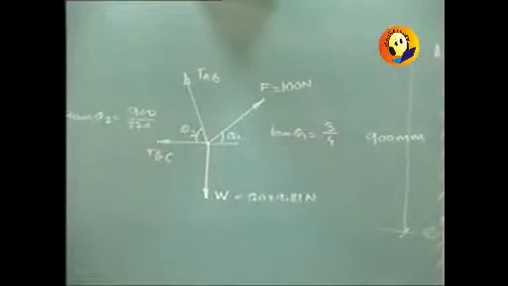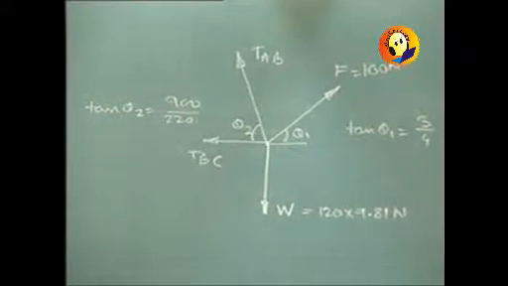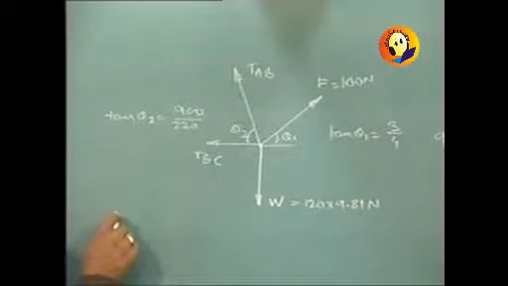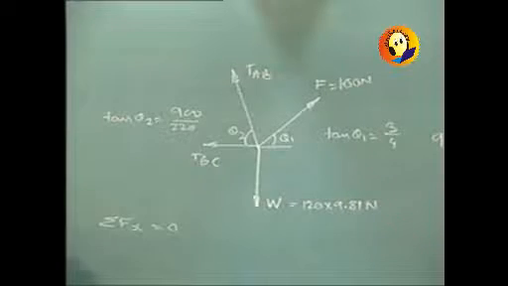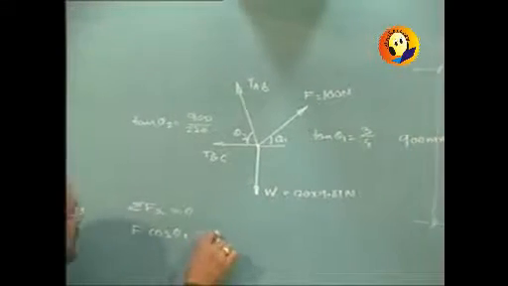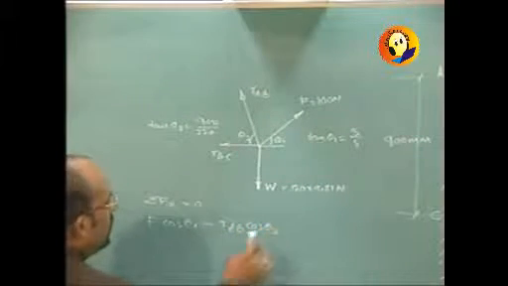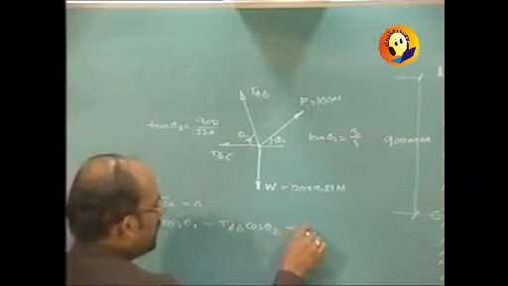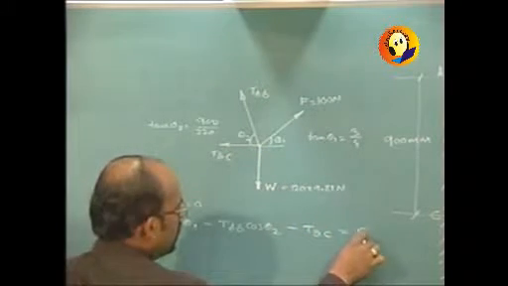So all the information is now available, and we can go for the two equations. First, sigma Fx equal to 0. Lami's theorem cannot be applied. There are four forces, and you will get it as F cos theta 1 towards right positive, minus TAB cos theta 2 towards left negative, minus TBC, minus because it is acting in the opposite direction, equal to 0.